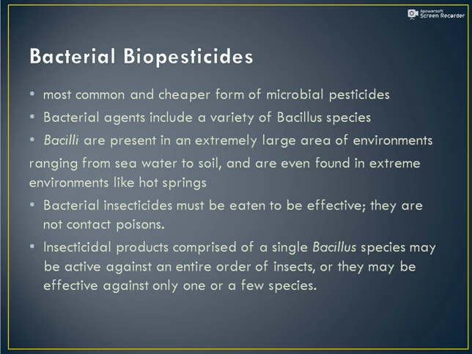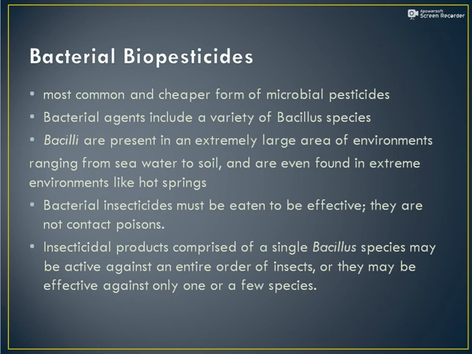And bacterial insecticides, if they have to act, have to be eaten to be effective, and they are not contact poisons. So it doesn't mean that wherever you put a Bacillus biopesticide, it will serve as a biopesticide. Unless this Bacillus is ingested or eaten by the target organism, it will not serve as a biopesticide.